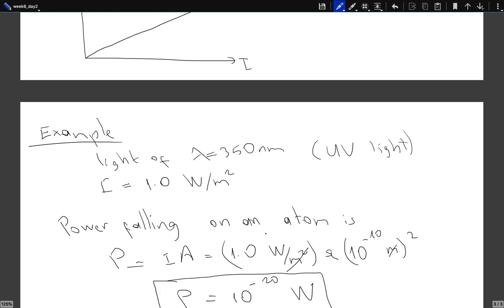Just like if you remember when we were discussing the blackbody radiation, we said that, at least in Planck's explanation, the electromagnetic field can only acquire energy from the oscillators of the walls in some energy packages.